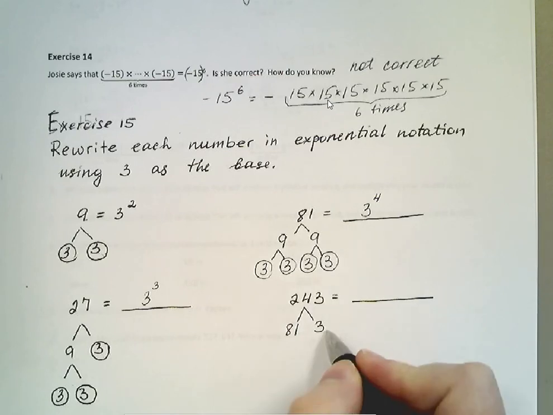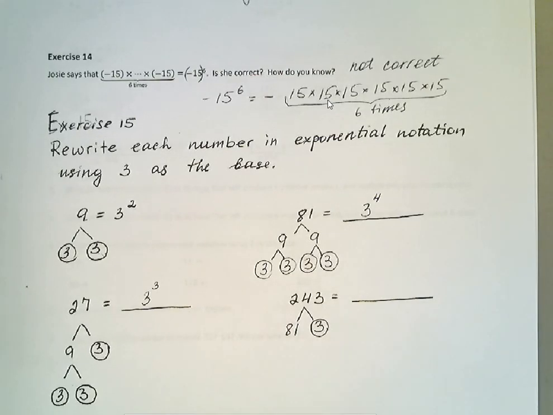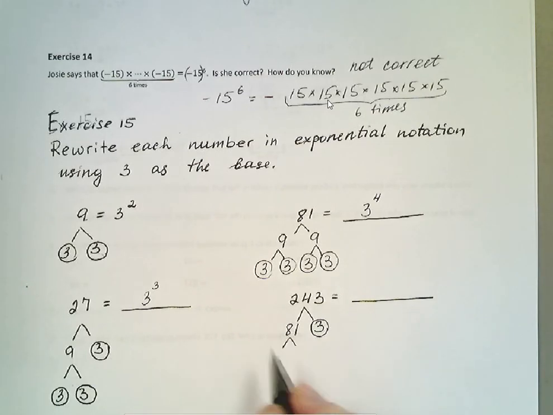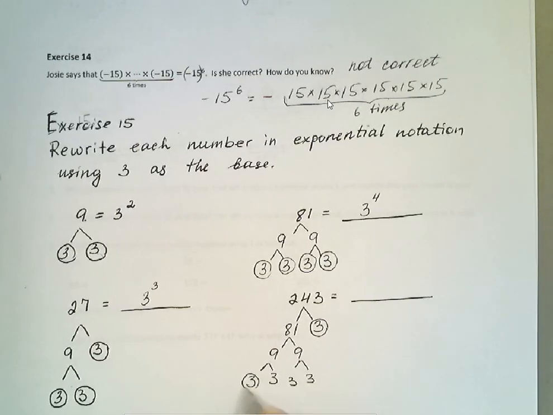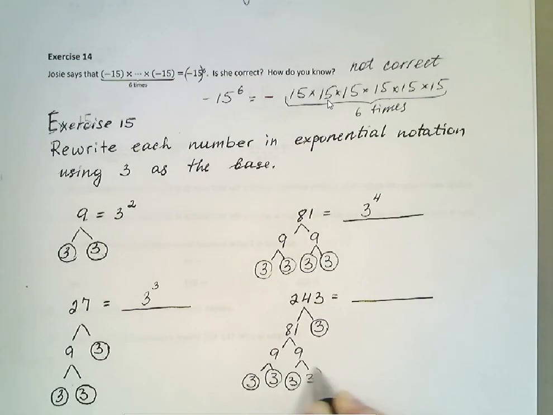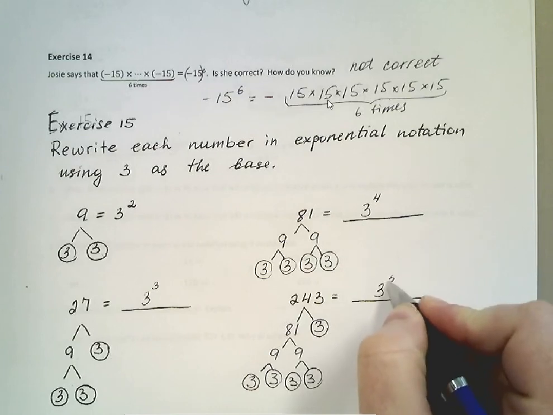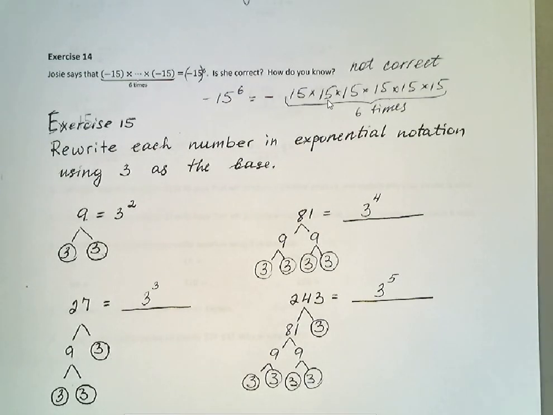Okay, so right now I already have that 3 and I can circle it. But 81, I can continue dividing. So it's 9 times 9 and 3 times 3 and 3 times 3. Now I have 5 3's multiplied by itself. So that means it's 3 to the 5th power.